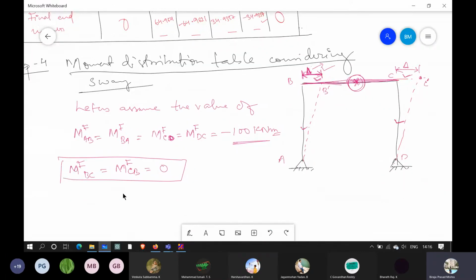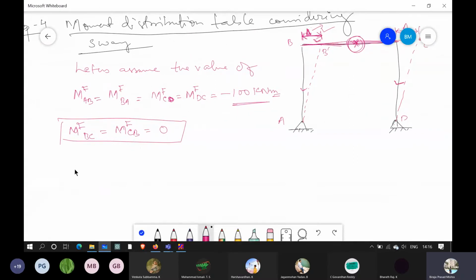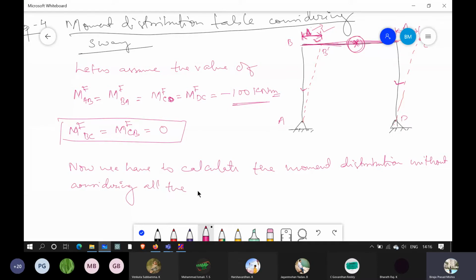Now we have to calculate the moment distribution without considering all the externally applied loads.